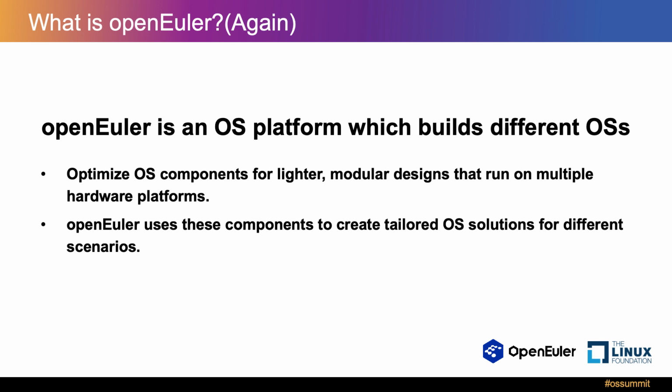It is actually not only an OS distro, it is actually an OS platform which builds different OSs. And the openEuler community has optimized OS components for lighter, modular designs that can run on multiple hardware platforms. And after that, openEuler uses these components to create tailored OS solutions for different scenarios.